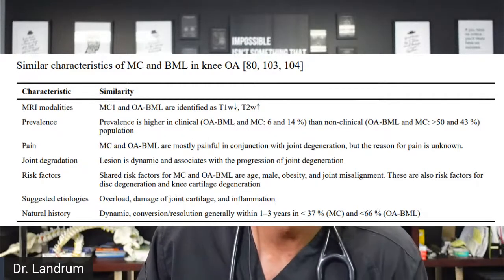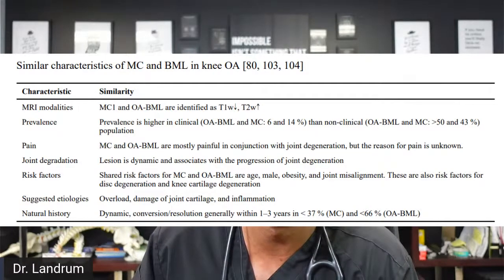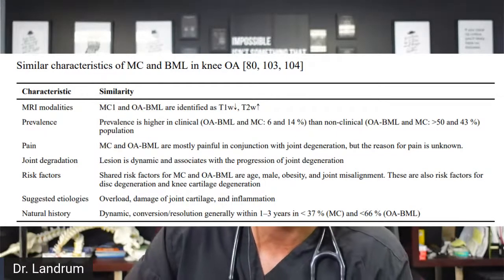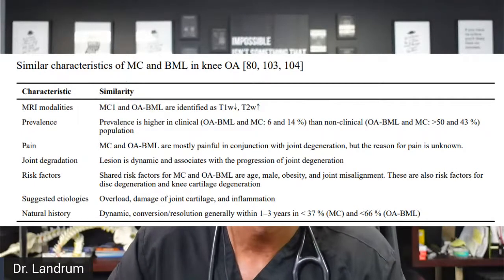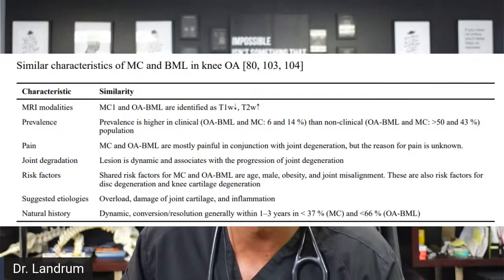What you can see is that they are frequently identified under MRI, and the prevalence is actually pretty high, clinically more than non-clinically. So there's probably more likelihood of it being evident than we originally believed. Modic changes and bone marrow lesions are mostly painful, in conjunction with joint degeneration.